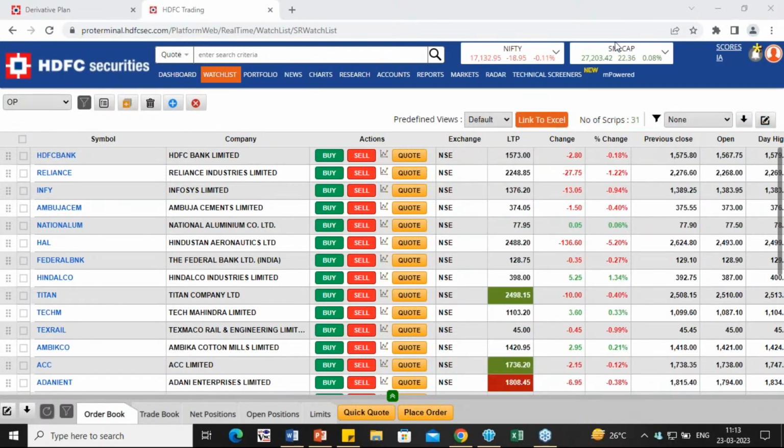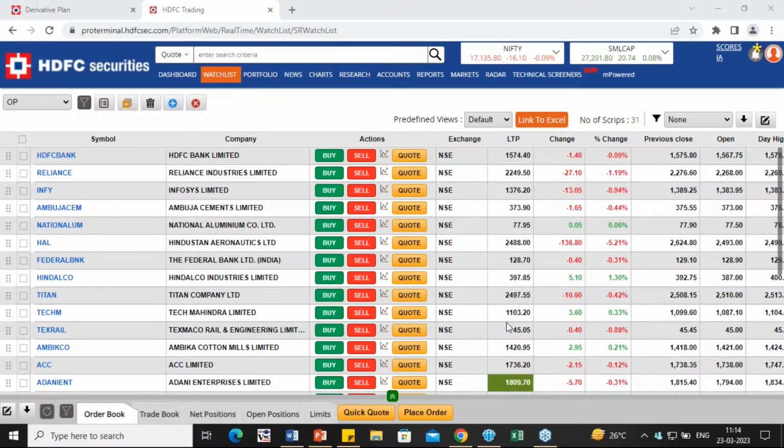Okay, so let's start with the watch list. So this is a watch list. How is it advanced compared to our basic platform? In our basic Empowered platform, you can only add 50 scripts by default.